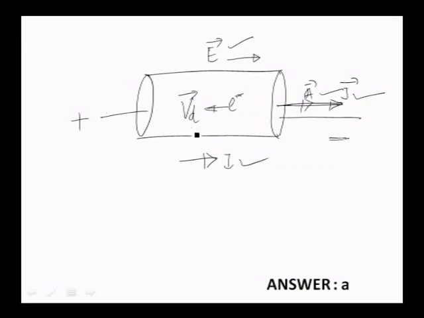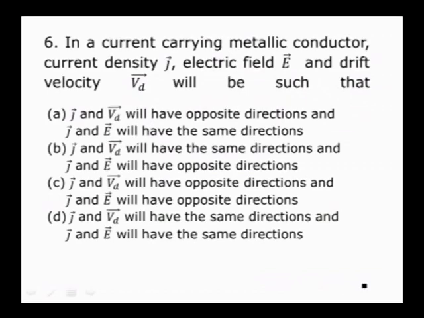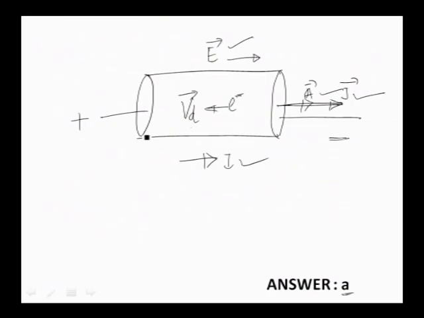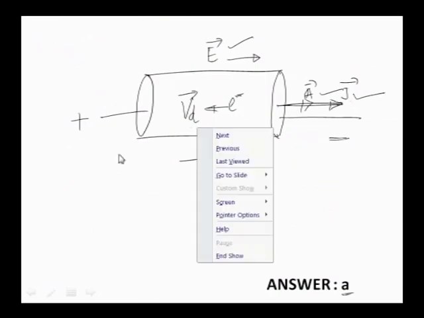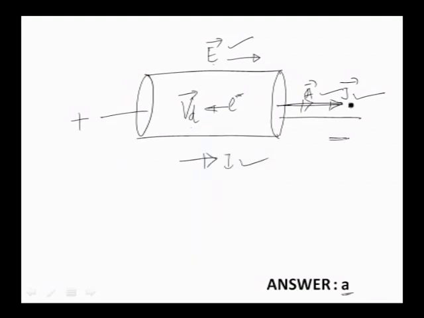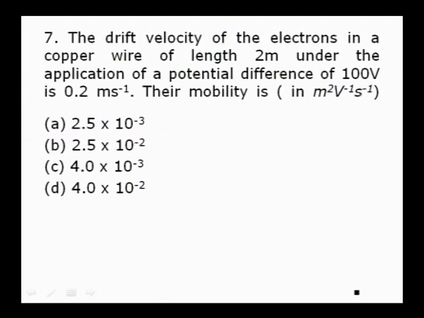Therefore, the correct option is A. It means J and Vd will be in opposite directions, and J and E will be in the same direction. Therefore the correct option is A. Question number 7.